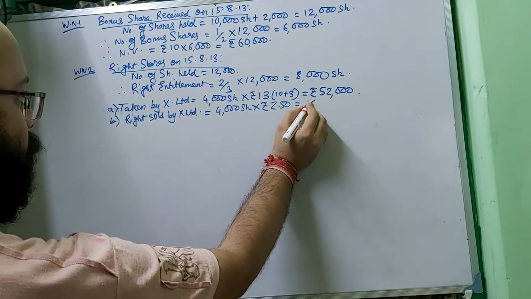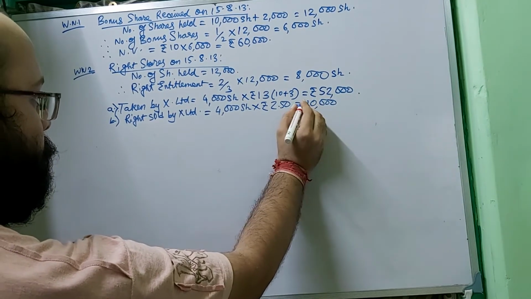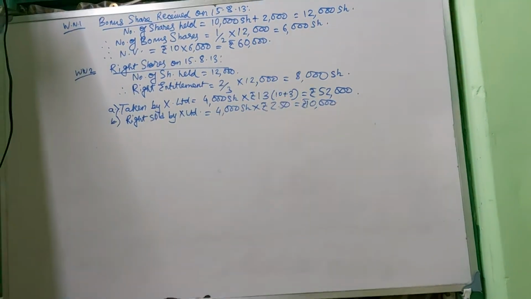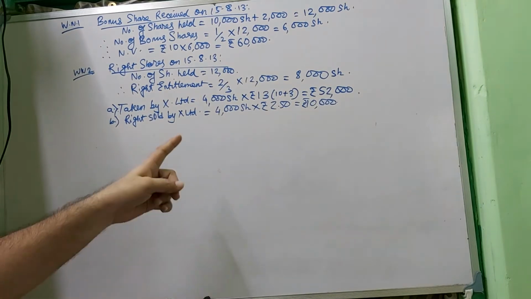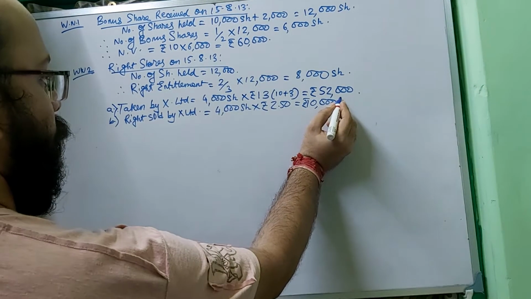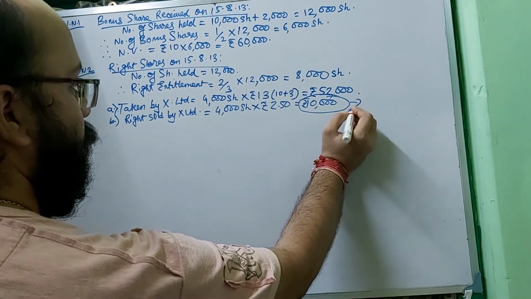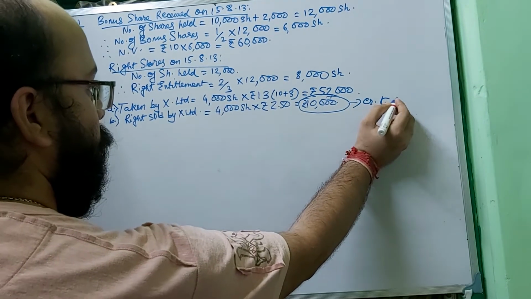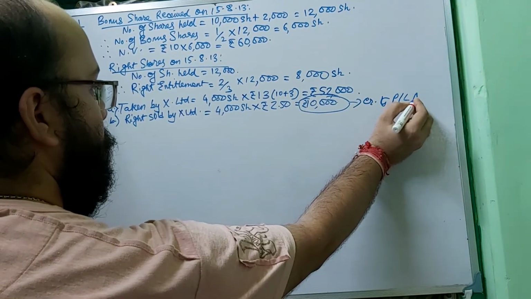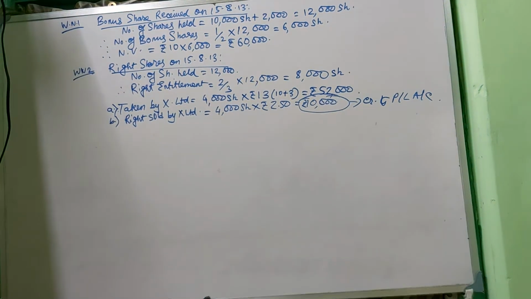It will become 10,000, right? And it should be credited to PL. That amount should be credited to PL account. Okay? Should be credited to PL account.